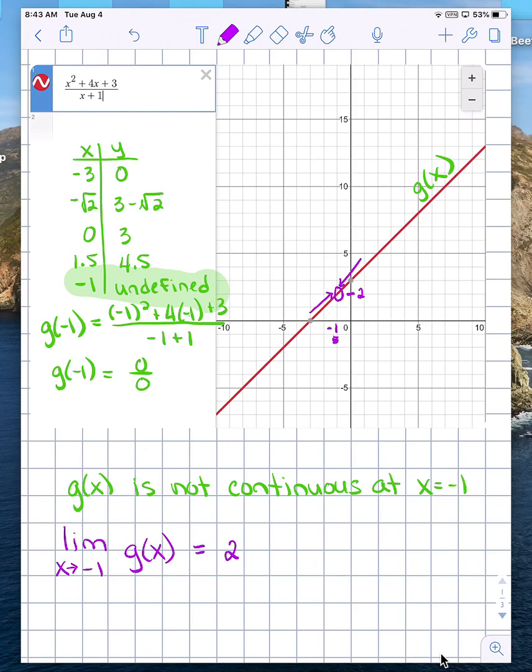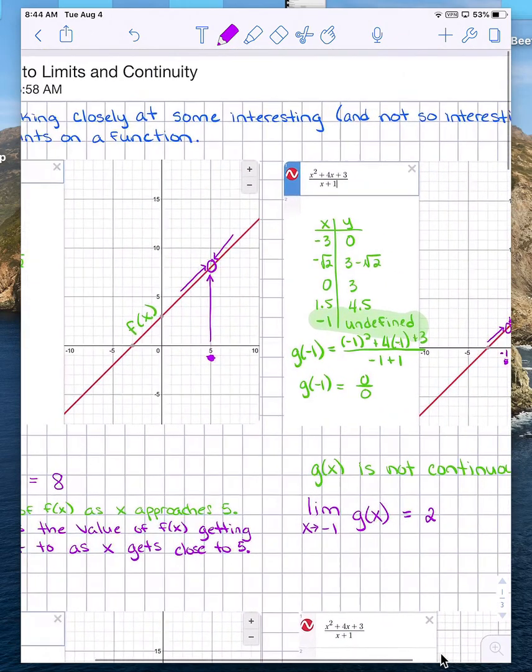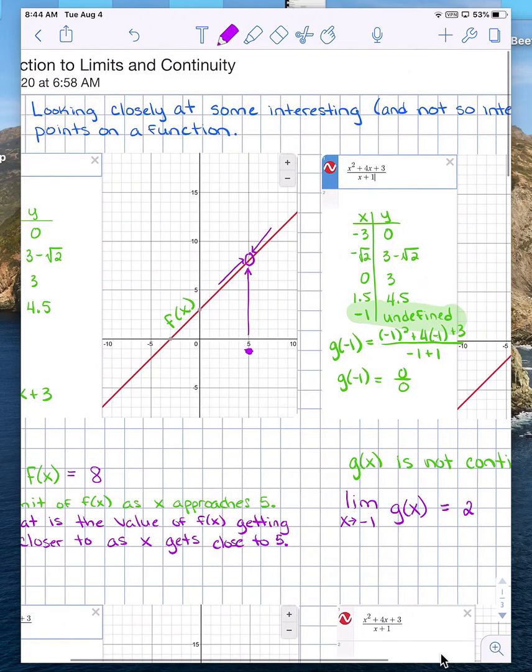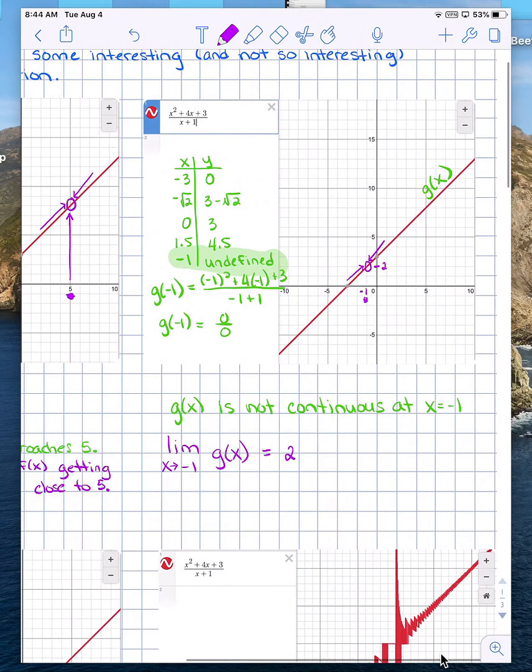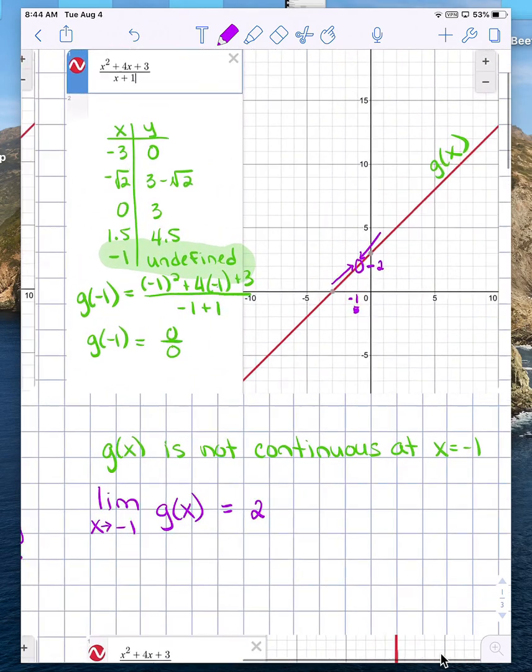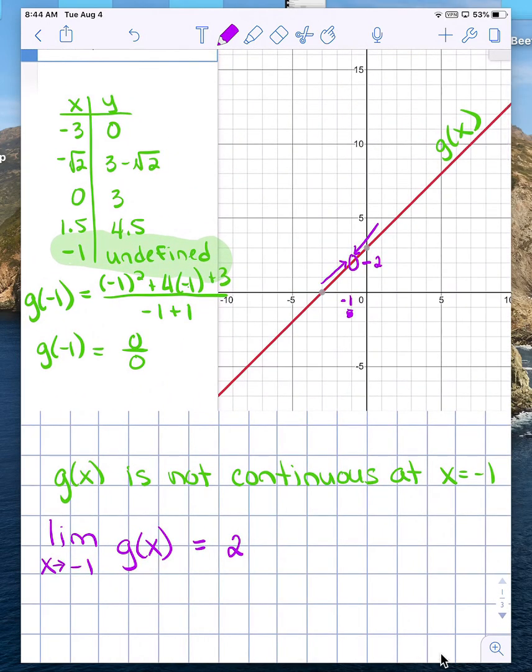Now this is where the limit part comes in. We'll never actually equal 2 on this function. That is the interesting part. Remember I said looking closely at some interesting points on a function, this point is interesting because we don't ever reach that value, we're approaching it.